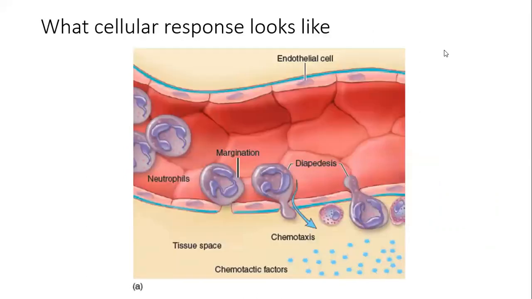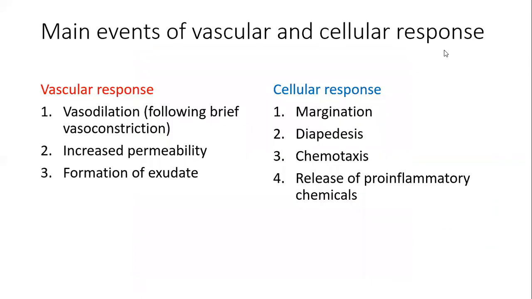So this is what the vascular response looks like. And this is what the cellular response looks like. So you can see the margination and rolling up, and then the diapedesis, and then you got the tractor beam drawing the white cells to the site of injury. So let's summarize the main events of the vascular and cellular response.